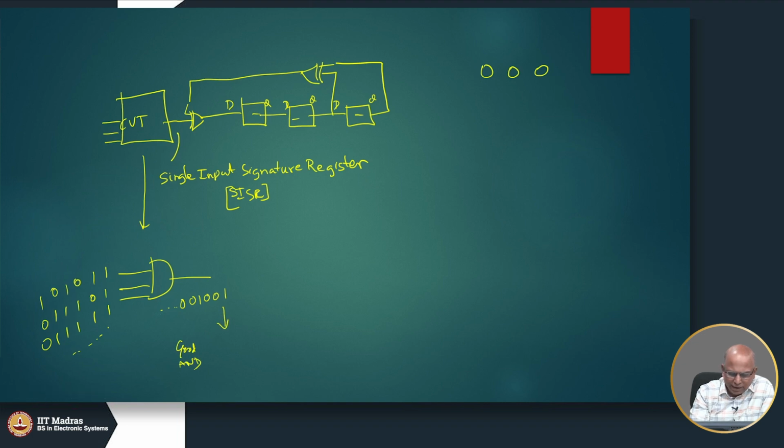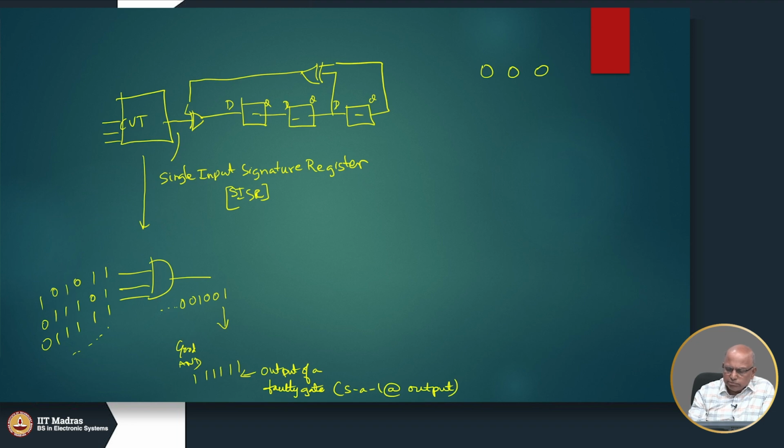But suppose the AND gate has a stuck-at-1 fault, it will produce all ones. So, this is the output of a faulty gate which has a stuck-at-1 fault.